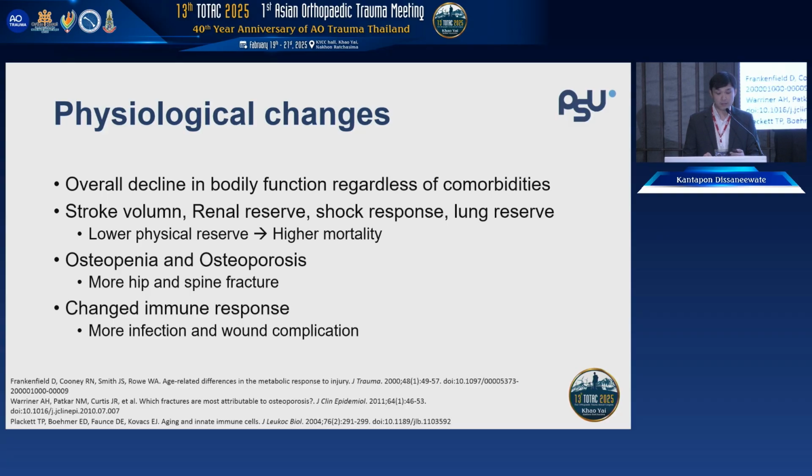Hip and spine fractures alone lead to about 20% one-year mortality when they occur alone. So if we think about both occurring at the same time with polyfracture and polytrauma, the mortality rate goes up, as well as osteoporosis being a risk factor for non-union. So this leads to poorer functional return.